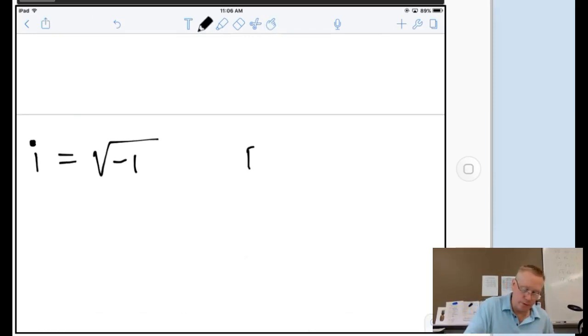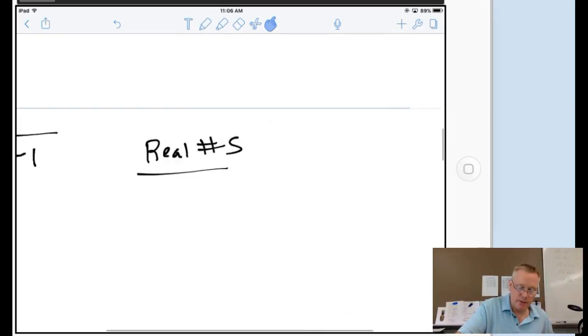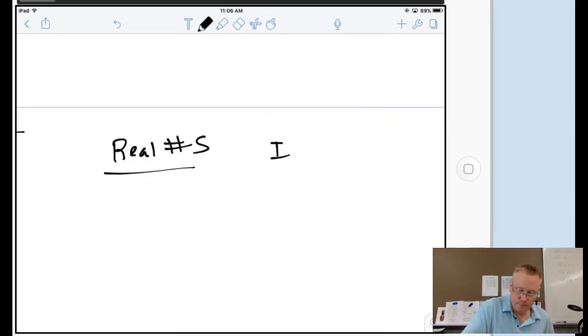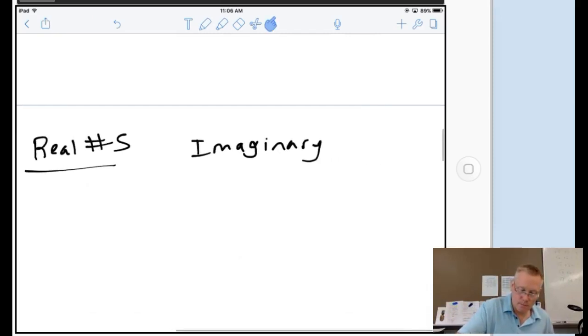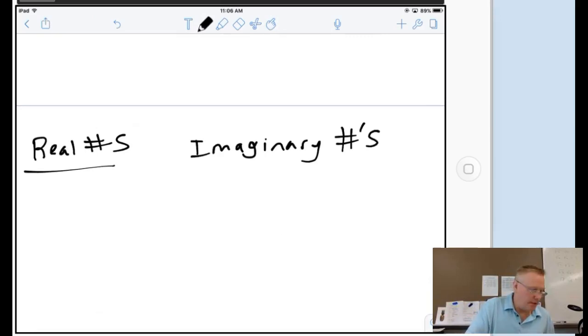There's real numbers and there's imaginary numbers. So imaginary numbers have i's in them, and real numbers are everything else.